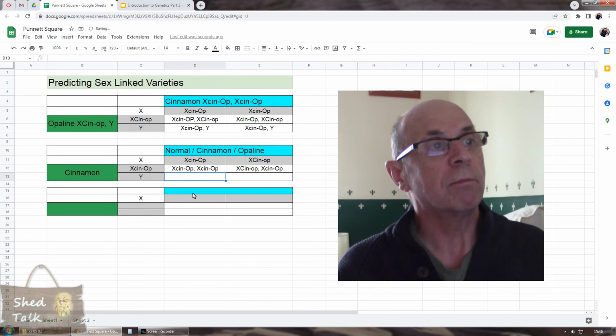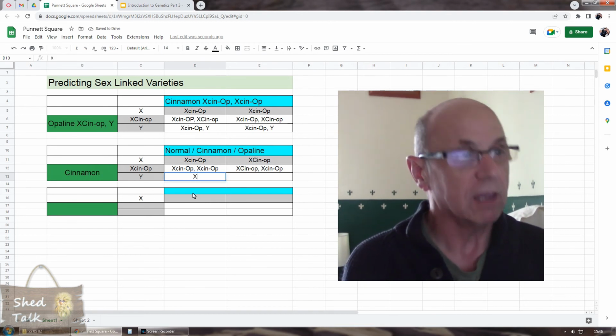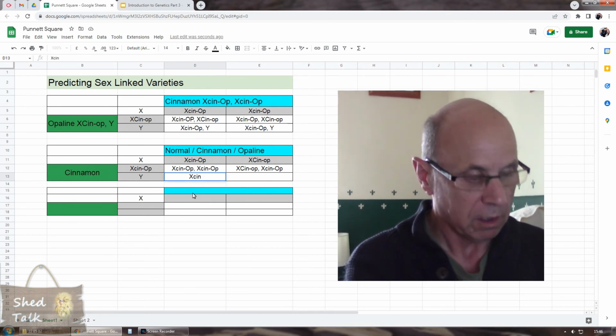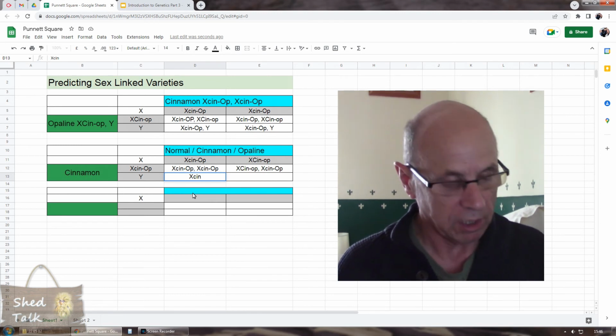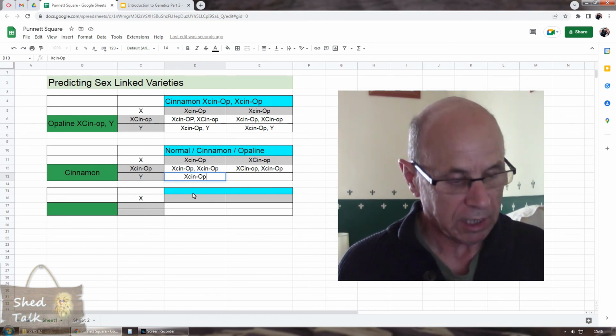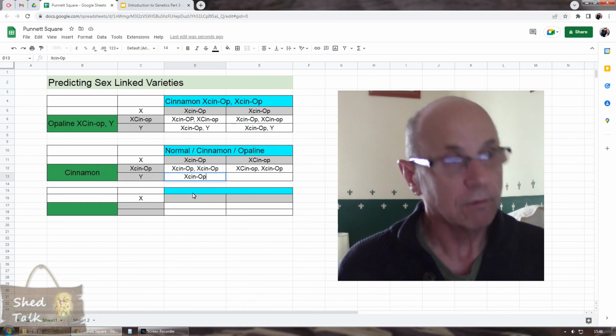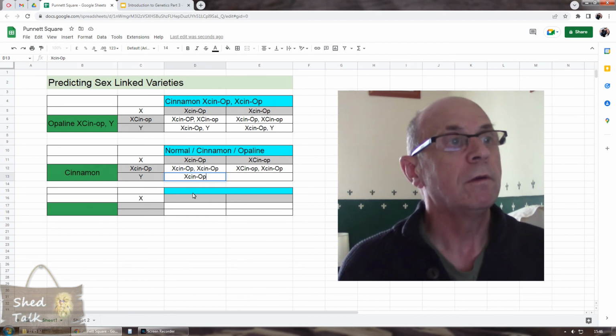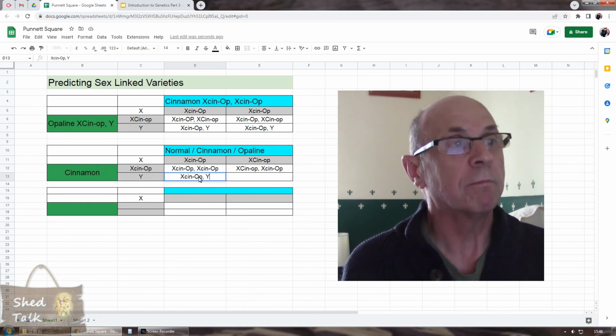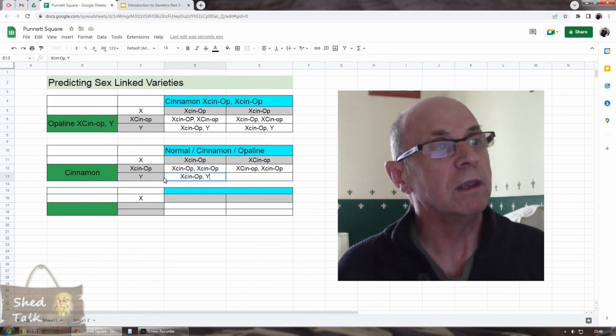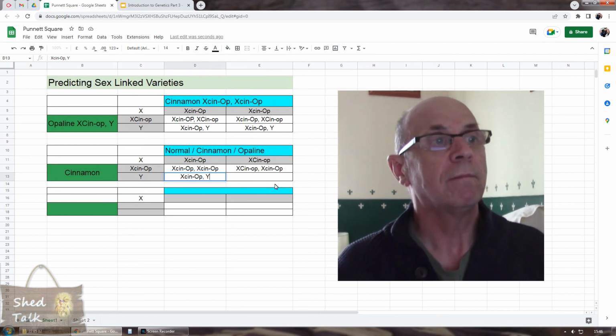If we have a look at this bird here, it's going to contain the mutated cinnamon gene from the cockbird and a non-mutated allele also from the cockbird, and for the hen it's going to inherit the Y, so that's going to be cinnamon hens.